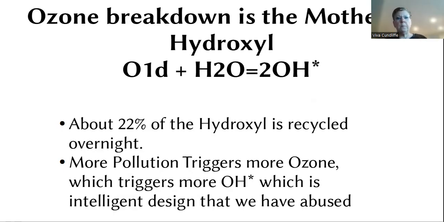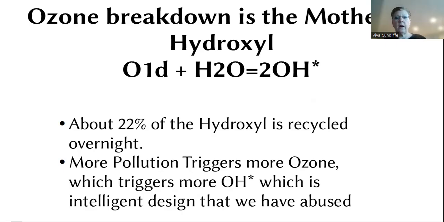So the nice thing about this chemistry design is that about 22% of the hydroxyl is recycled overnight through different intermediates and daughter molecules. The overnight cycle creates a nitrous acid reservoir of hydroxyl that is triggered again by sunlight.